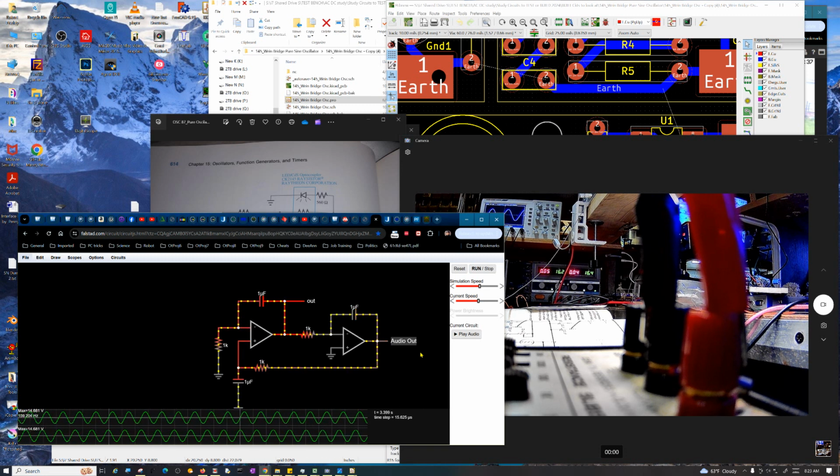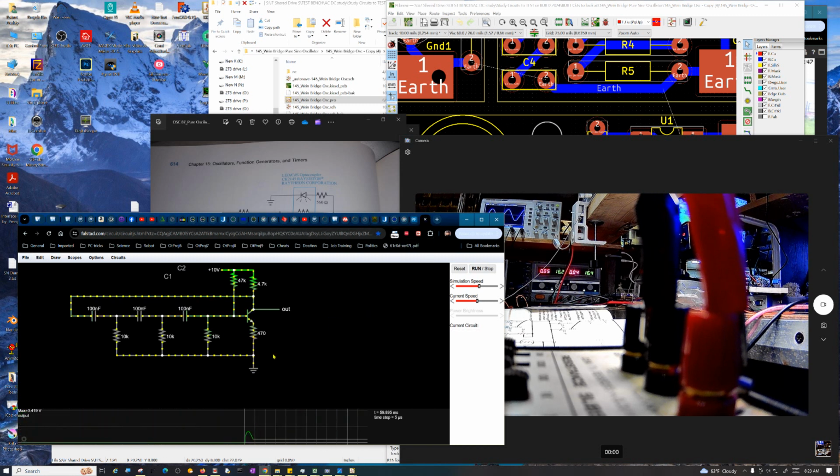I don't know what I did with them, but I think they might be perfect for this, not this circuit, but this Wein bridge oscillator. I'm going to keep it around until I find them, because I know I didn't throw them away. I still got them somewhere, so I might make a follow-up video if I ever locate them.